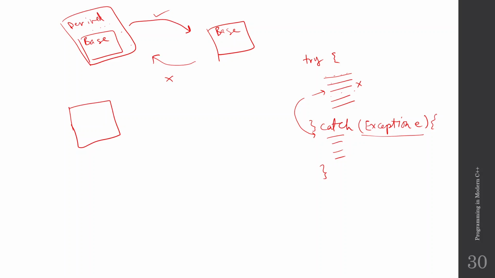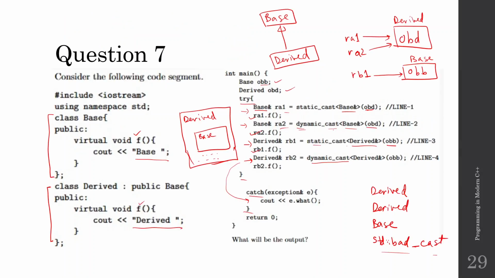So the e object will contain information about what caused the crash, and you can print this. If you write e dot what, it will give a string representation of the exception, a human friendly readable message, and you can print that to the screen.